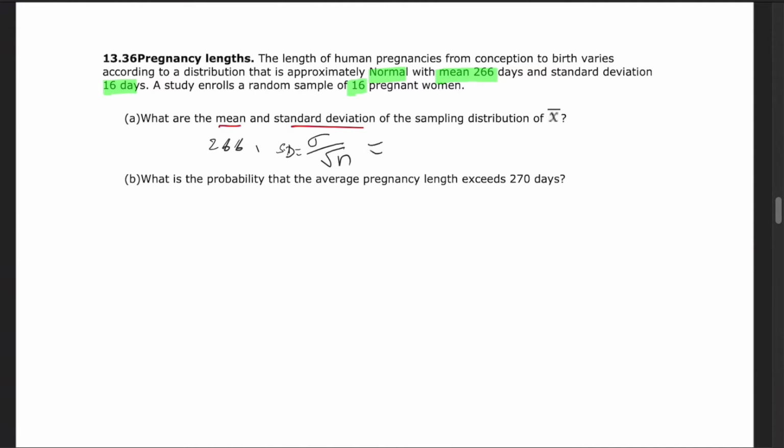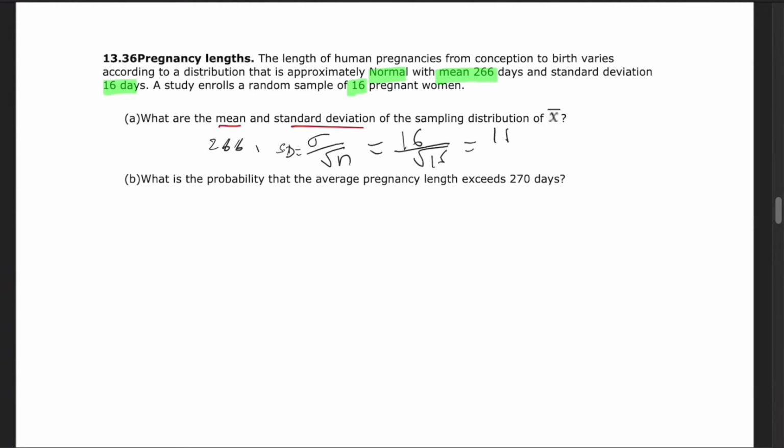Sigma in this case is 16 days, over the square root of the sample size, which is 16.